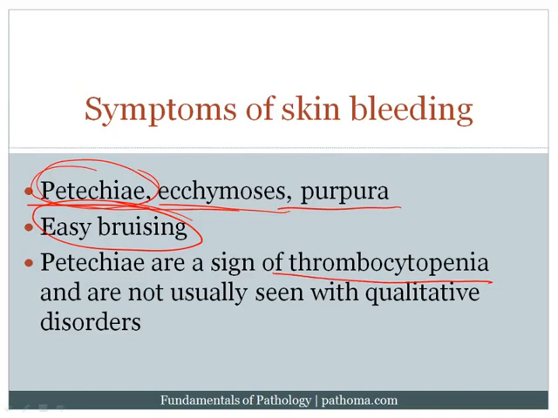Now, what I mean by that is, remember, when we talked about the disorders that could arise, we said there can be a quantitative disorder of platelets or a qualitative disorder of platelets. Well, patients who have qualitative disorders of platelets normally don't get petechiae. However, patients who have quantitative disorders, where the number is down, they get petechiae. And so that's just a little side note to be aware of.